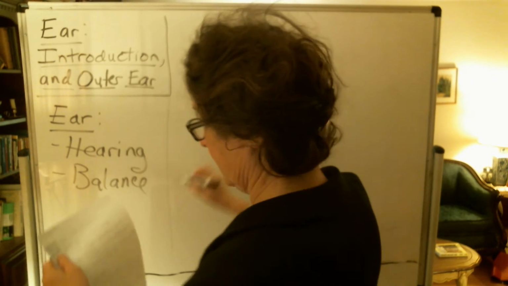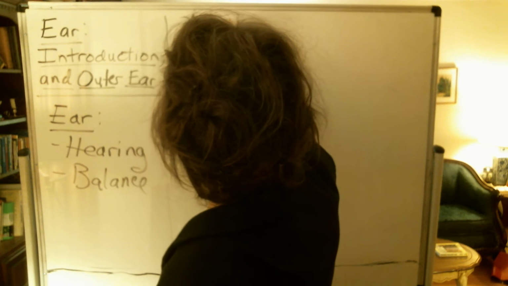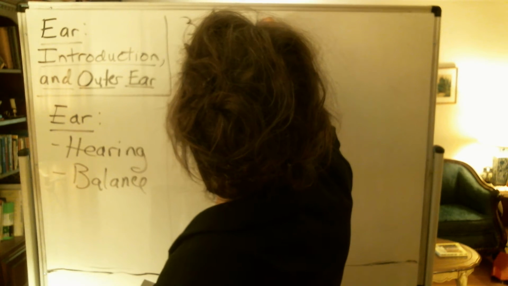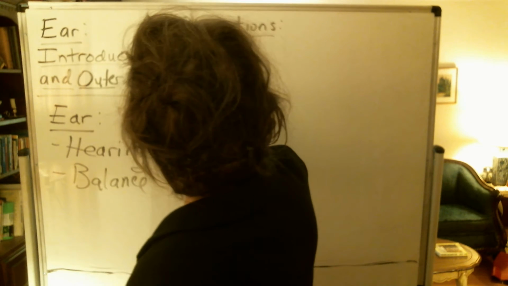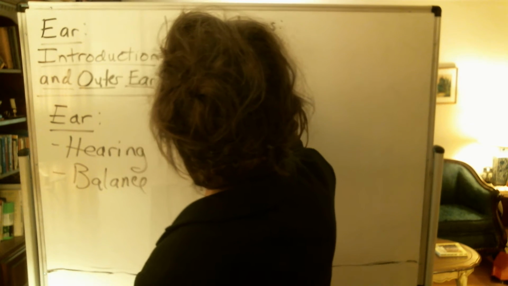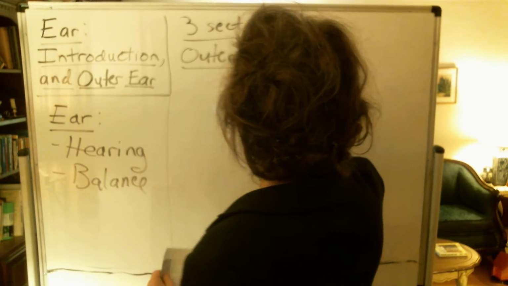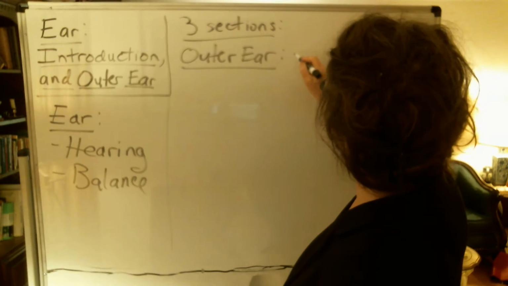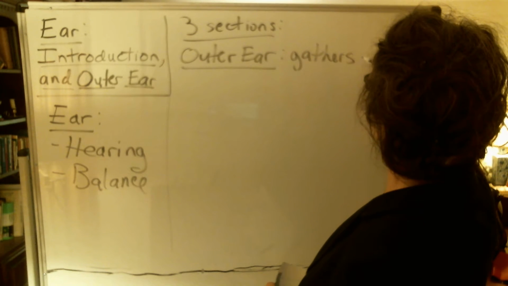So the parts of the ear, then, there are three sections, I'll put it that way, to the ear. And they then are the outer ear, and the outer ear gathers sound.